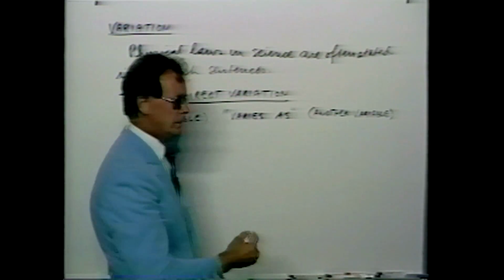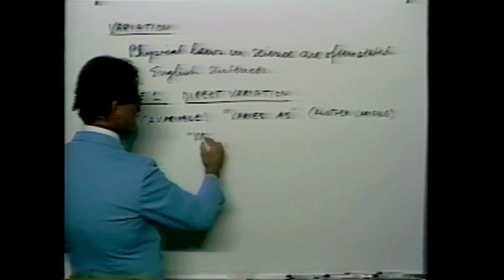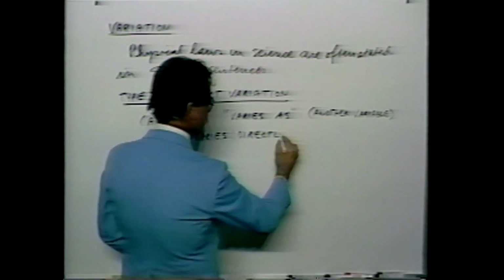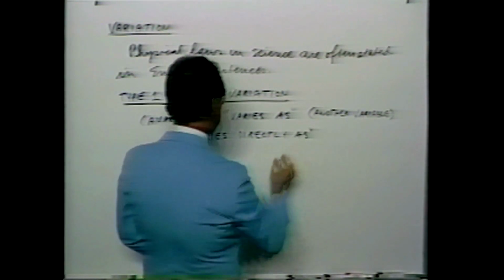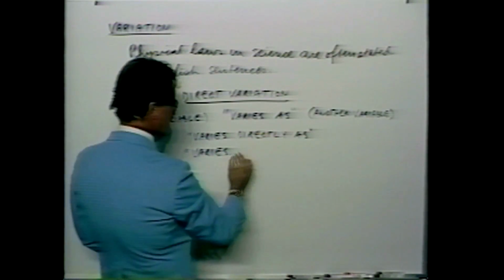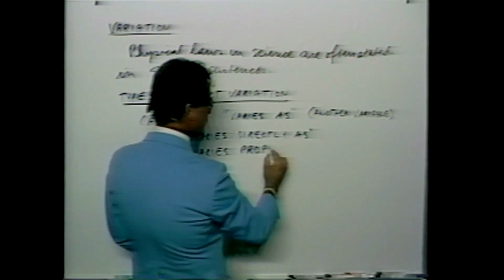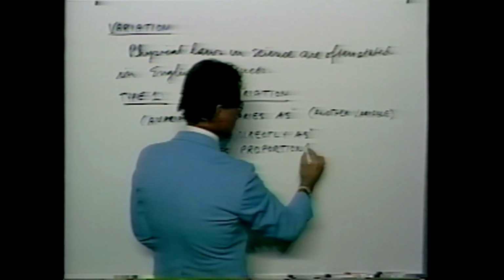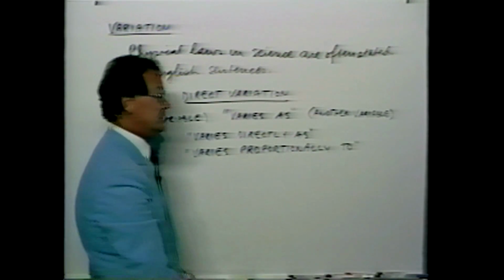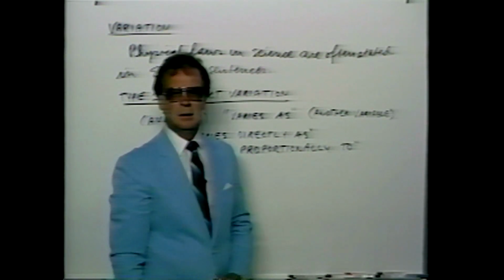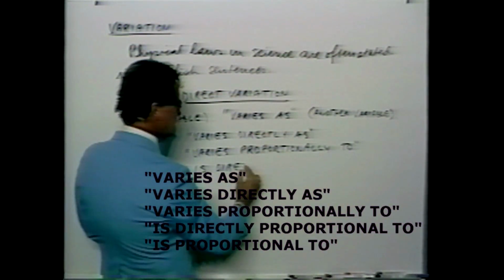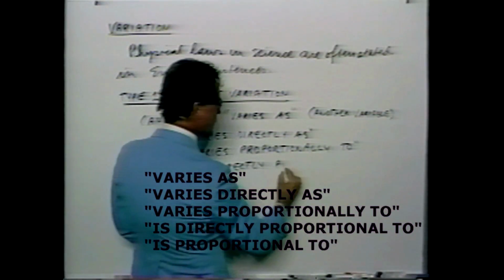And they are: varies directly as, or varies proportionally to, or is directly proportional to.